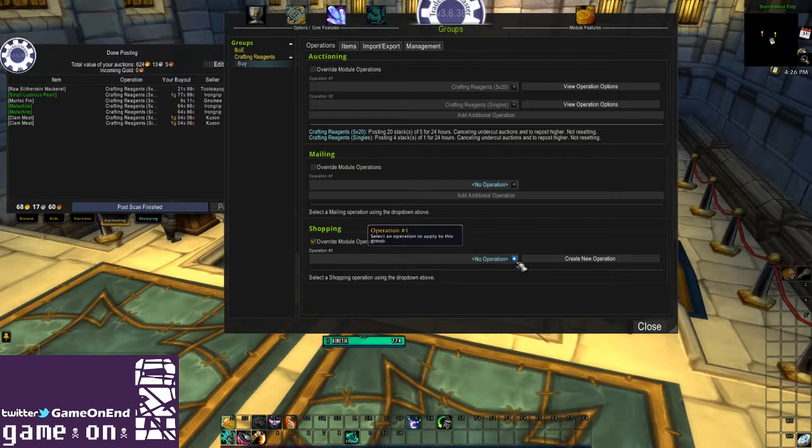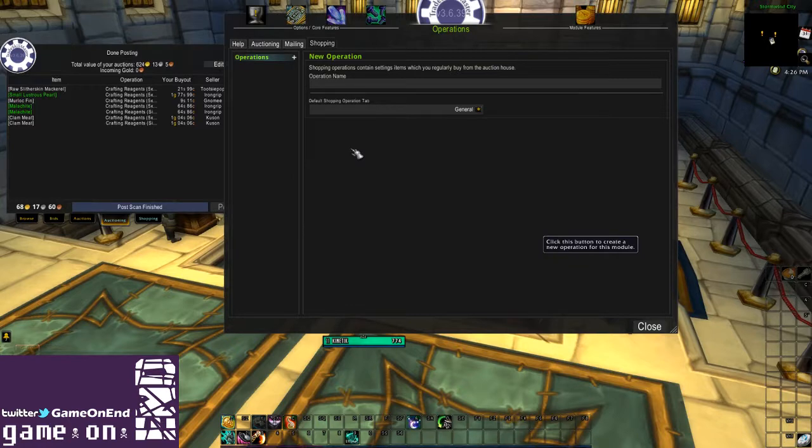Now we don't have any shopping operations created yet, so we need to tell it how we would like to buy these items. So let's create a new operation here, and we'll call it crafting reagents buy.